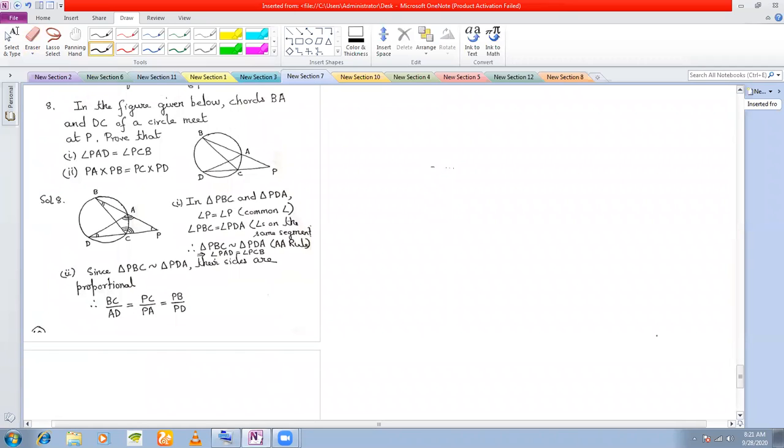In the figure given below, let us look at the next question. Chords BA and DC of a circle meet at P. So two chords in the circle, BA and DC, they meet at P. And then you have to prove angle PAD is equal to angle PCB, and you have to prove PA into PB is equal to PC into PD. Let us draw this circle.